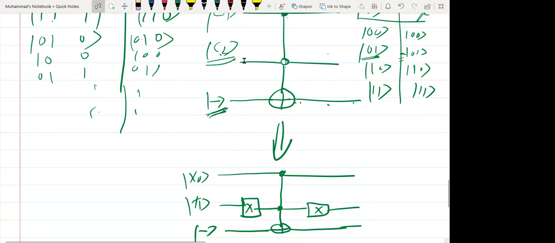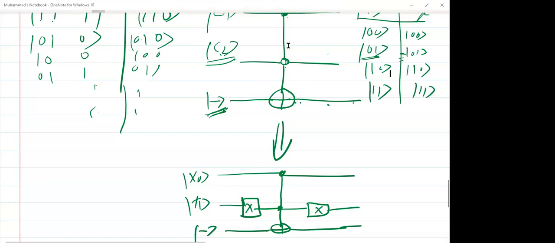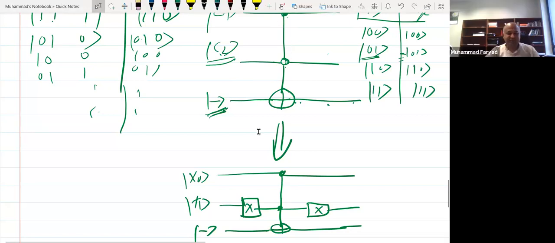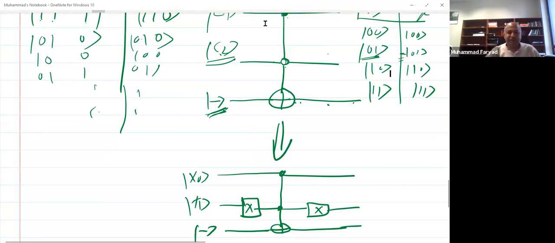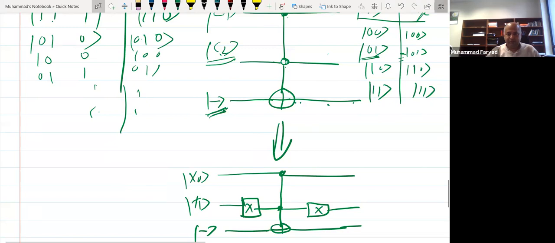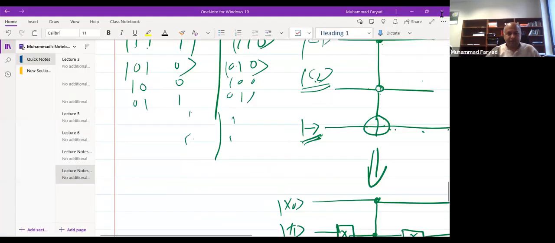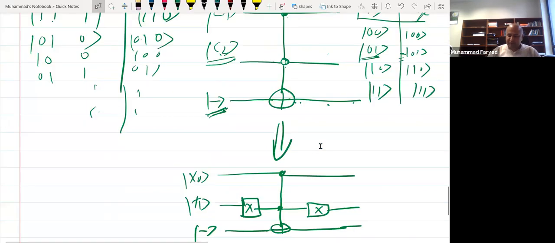Yes, sir. Okay, so let me just ask a quick question, let me see who are the people present here. So let's say Abdullah Ahmed, can you think of a way that if I have to give a minus sign to two of the inputs, how can I do it using the Toffoli gate, not using the CX gate?